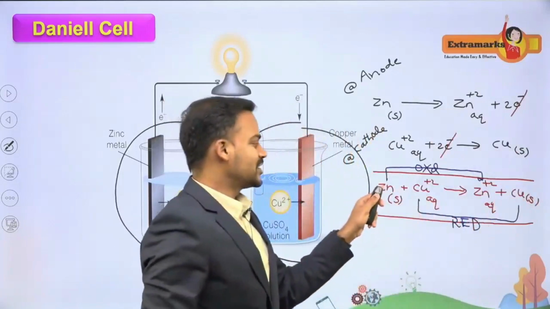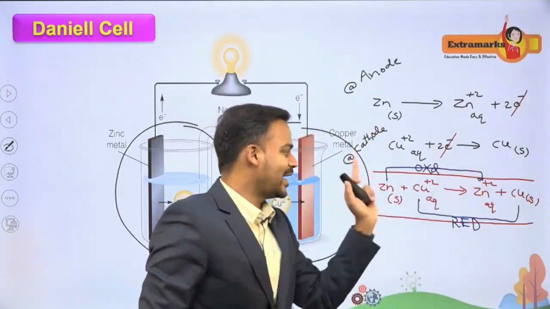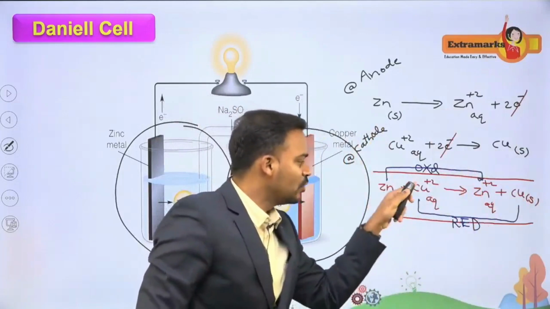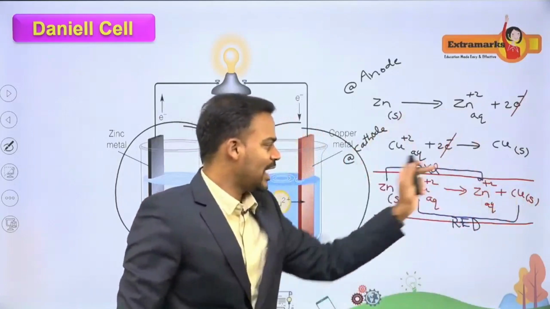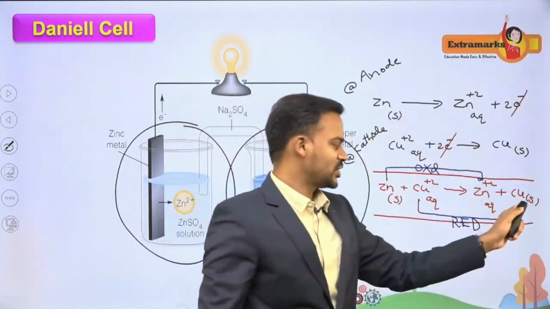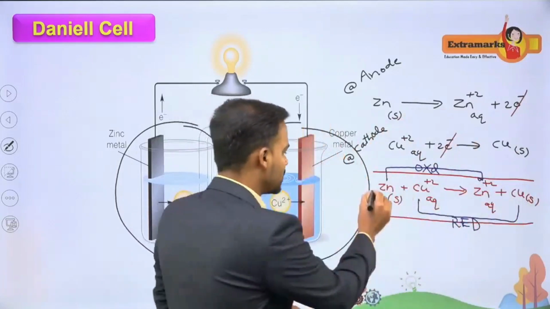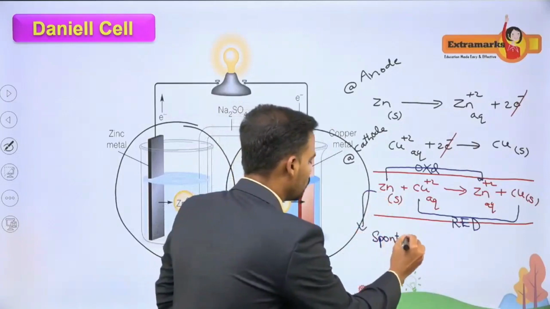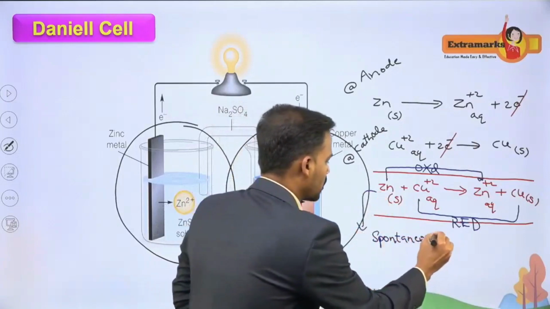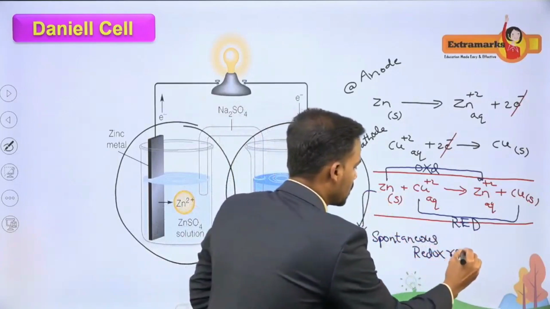Zinc is undergoing oxidation, oxidation number increasing from 0 to +2, and copper is undergoing reduction from +2 to 0. So there is oxidation, an increase in oxidation number, and reduction, a decrease in oxidation number. You can see 2 reactions happening simultaneously. And what is this reaction now? This is a spontaneous redox reaction.